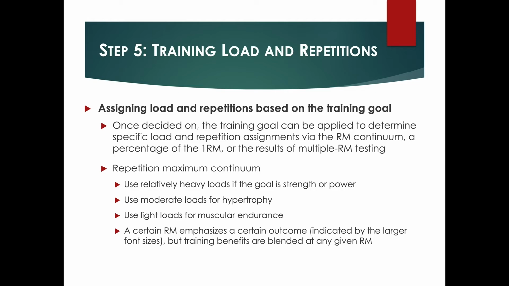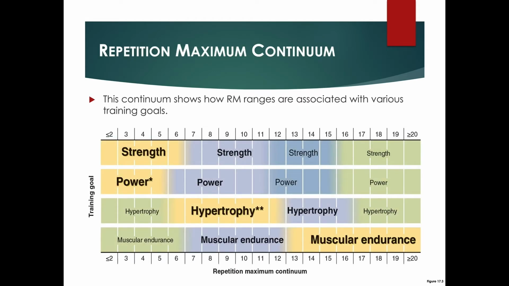It says a certain repetition maximum emphasizes a certain outcome, indicated by the larger font sizes, but training benefits are blended at any given RM. And this is that continuum they're talking about right here.